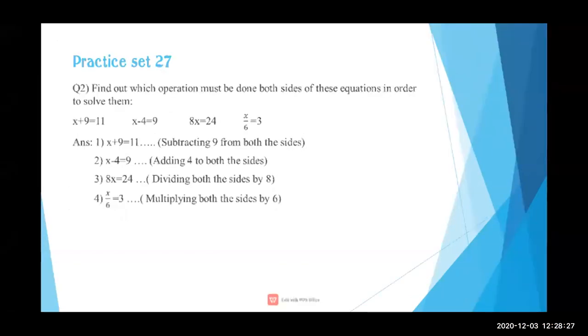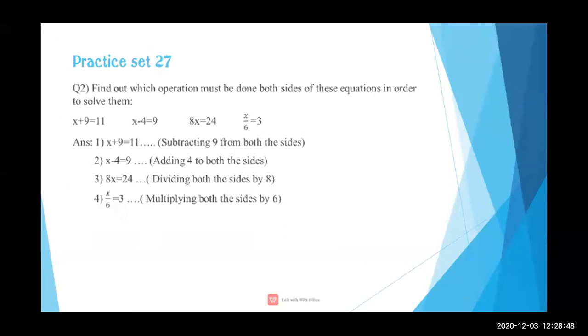Okay, now practice set 27, question number 2. Now I will read the question. Question number 2, find out which operation must be done on both sides of these equations in order to solve them.